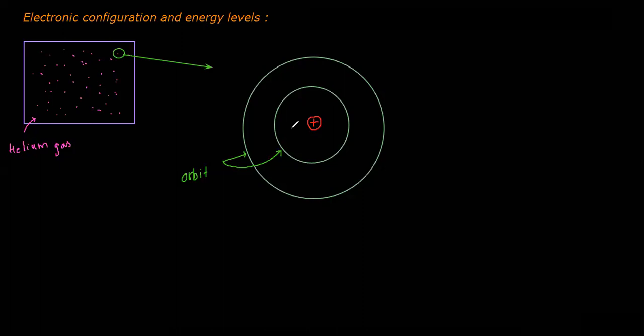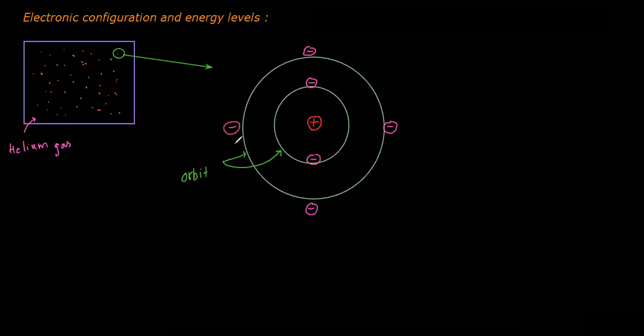Let's represent the electrons: this is one electron, this is the second electron. These two electrons are revolving around this nucleus, and in the outer layer, let's say there are four electrons, for understanding only. So one, two, three, and four.